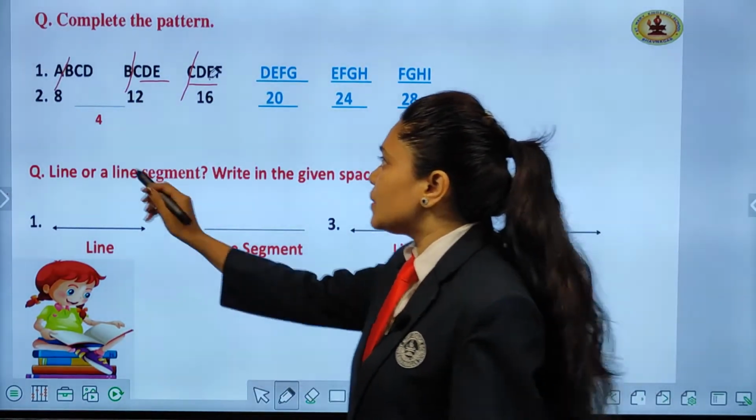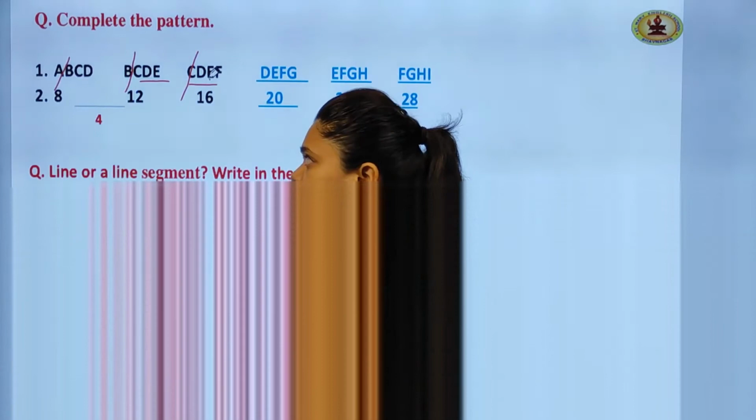Now the second question given to us over here is with the numbers. See the numbers 8, 12, 16. Now when you have the pattern of the numbers, you have to choose the different formats to solve it. That means we can think, 8 plus 4 gives us 12, or the other way, 12 minus 4 gives you 8.